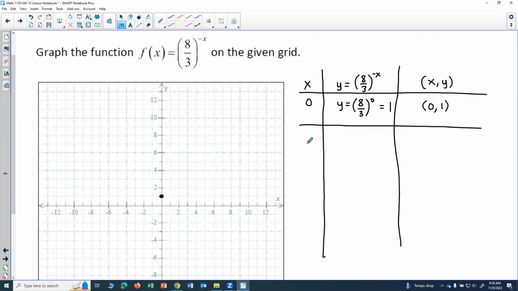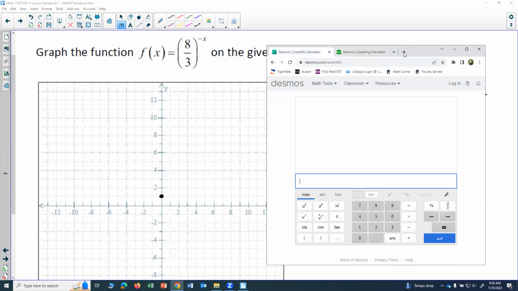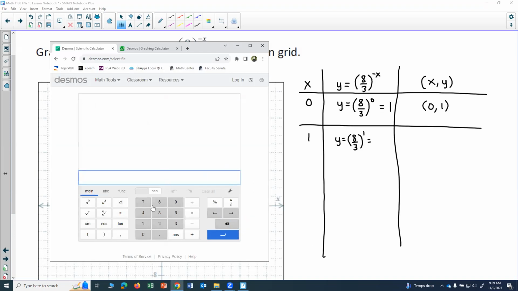Now I want to pick some other x values. So let's say I pick 1. Then I'm going to have y equals 8/3 to the first power. And I want to get an approximate value for that. So I'm going to go ahead and pull up my Desmos calculator, and I'll put in 8/3.